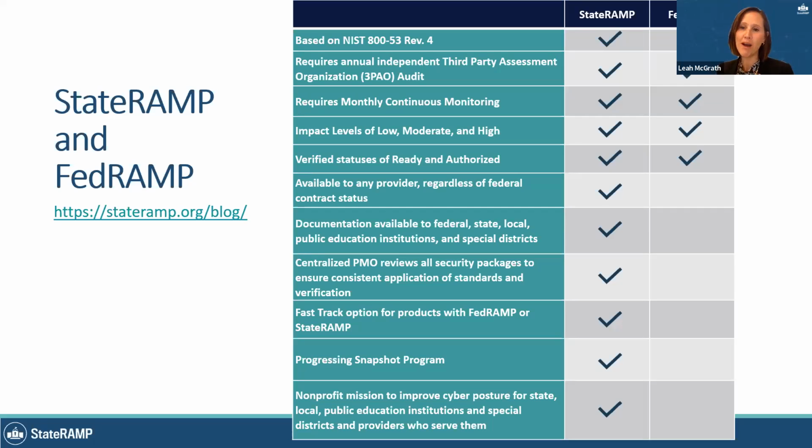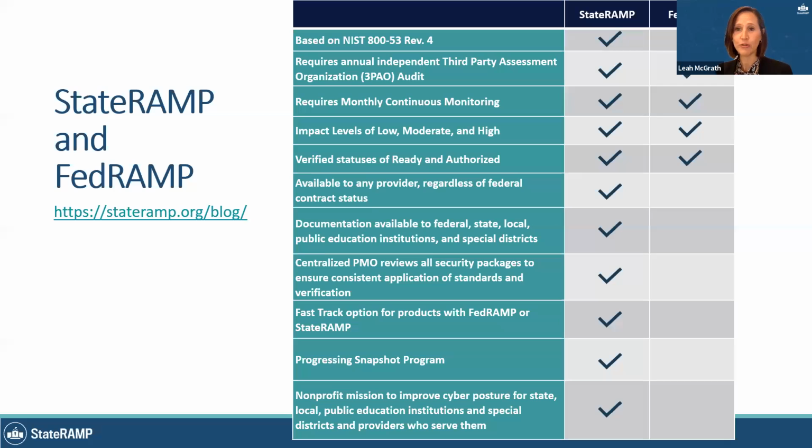StateRAMP is that process, especially the verified process for StateRAMP Ready and Authorized, is modeled in part after the FedRAMP process. What we found during our steering committee days in 2020 is that FedRAMP is really designed to serve federal agencies, but there were some limitations that made it difficult for states and local governments to really leverage it.